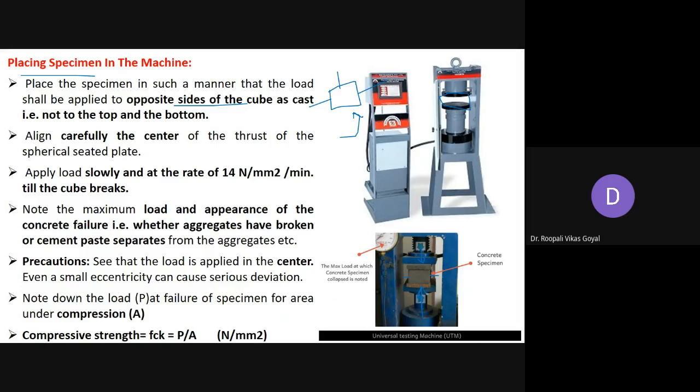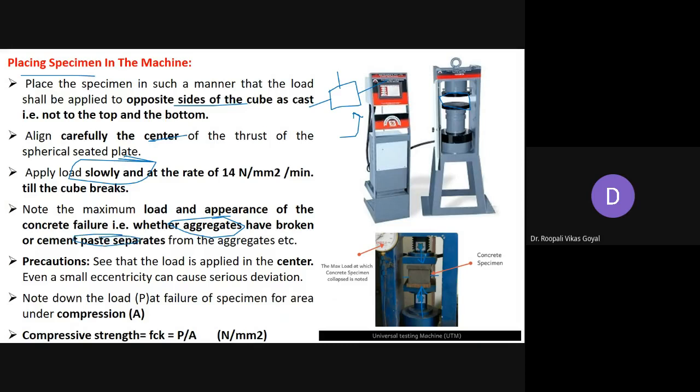You have to align the cube or cylindrical specimen at the center, and slowly apply the load at a certain uniform rate until the specimen breaks down. You have to observe how it fails, whether the aggregates are coming out or the cement paste separates from the aggregate.